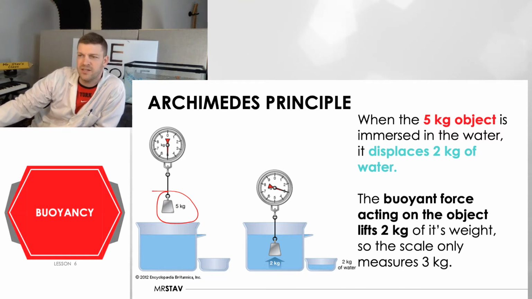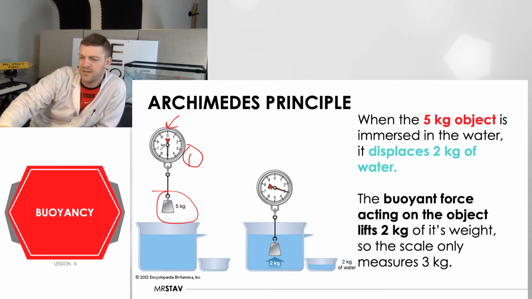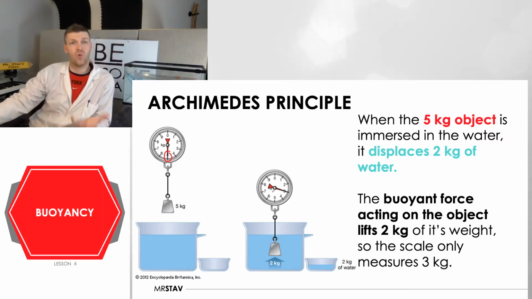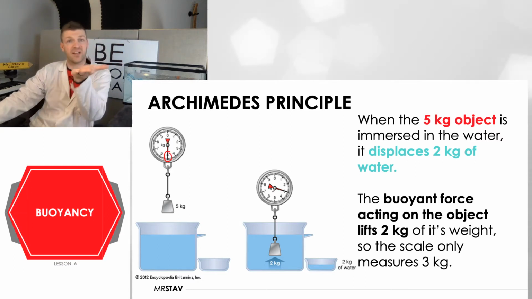So here's step one. We put a 5 kilogram weight into the water. Now notice this is the spring scale, just like we've been using all year. The spring scale is reading 5 kilograms. But when you put something in, the water starts to bear some of the weight.